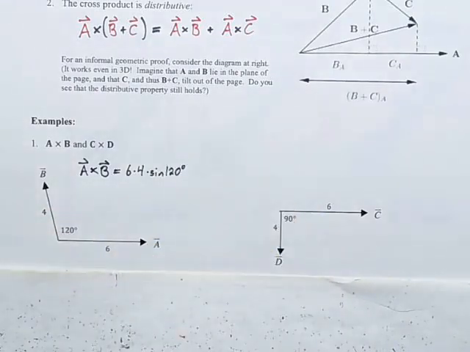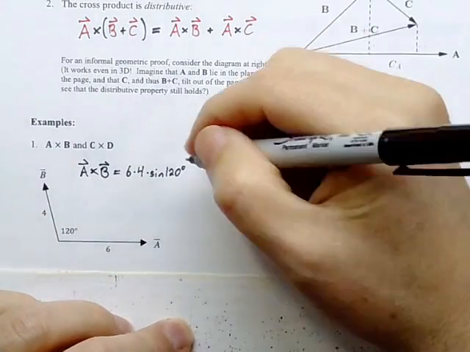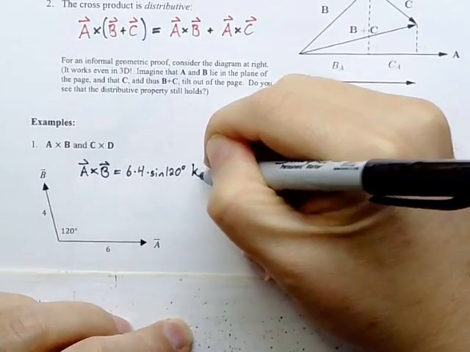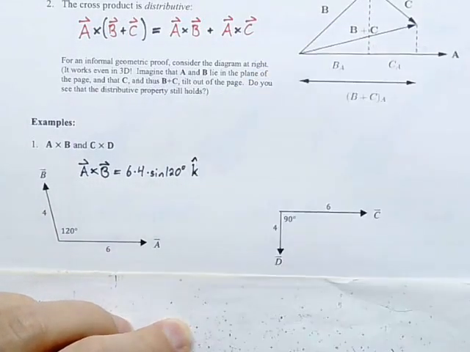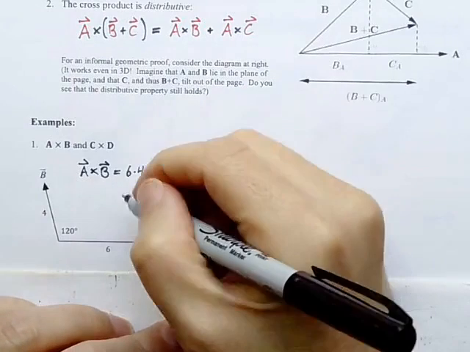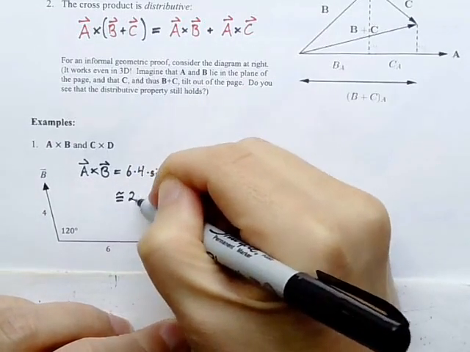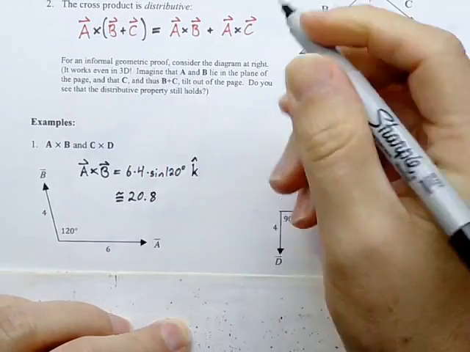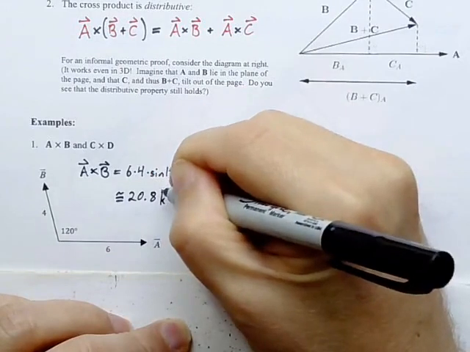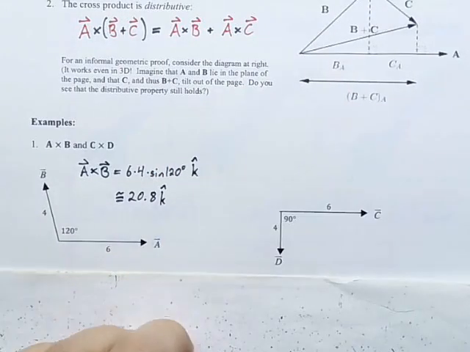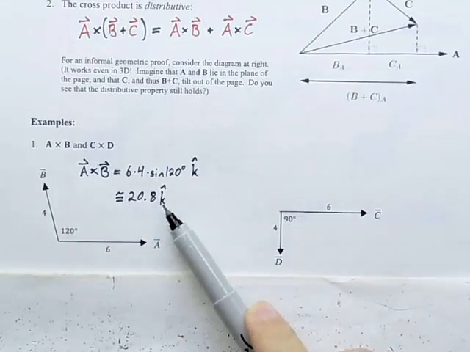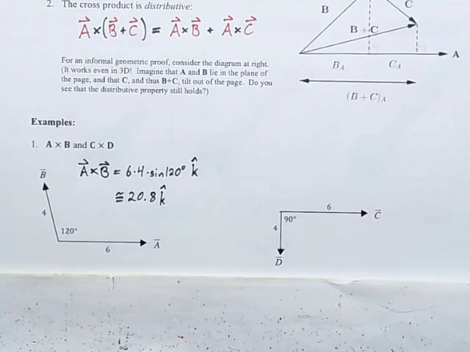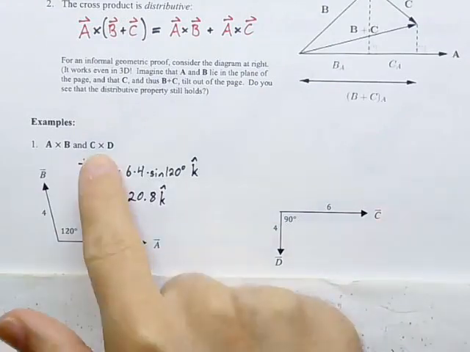So we'll call that the k-hat direction. So we add in our direction here at the end, k-hat. This value works out to be about 20.8. So we'll say that A cross B is a new vector that points in the k-hat direction and has a magnitude of about 20.8. Okay, if you need to rethink your C cross D, do so now.